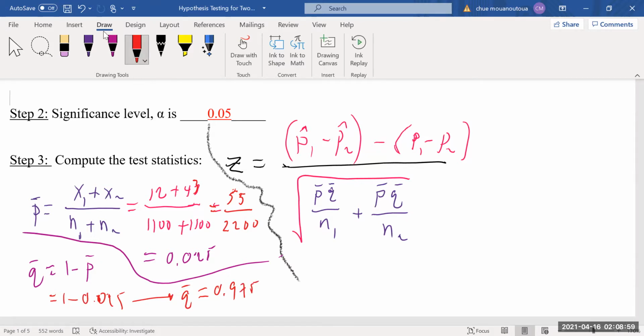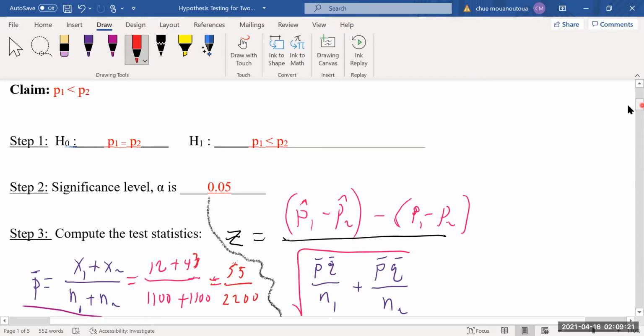All right, now we're almost done. We got the formula, we got the P bar, we got our Q bar, we got the N1, N2. Now let's play with this a little bit. I want P1 minus P2. What is that going to be?